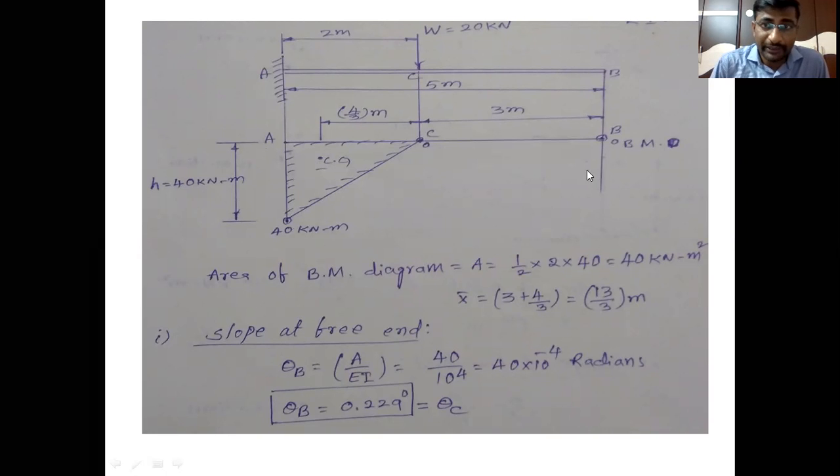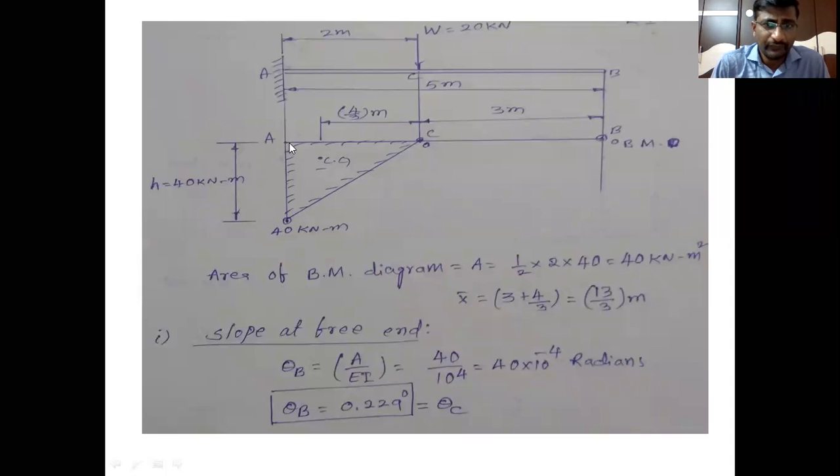So this is the bending moment diagram, and locate the center of gravity, CG. How to locate the center of gravity for this triangle? Where should the center of gravity be located? So area of the bending moment diagram is half into length of the bending moment diagram, that is 2, into height of the bending moment diagram, 40.